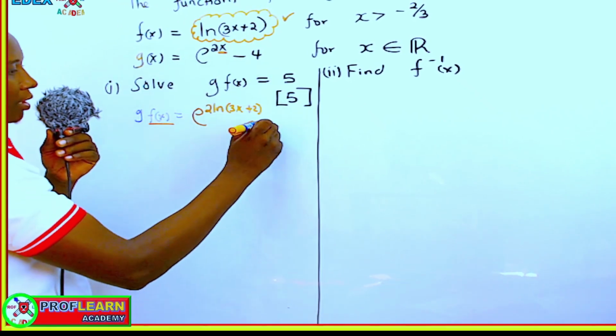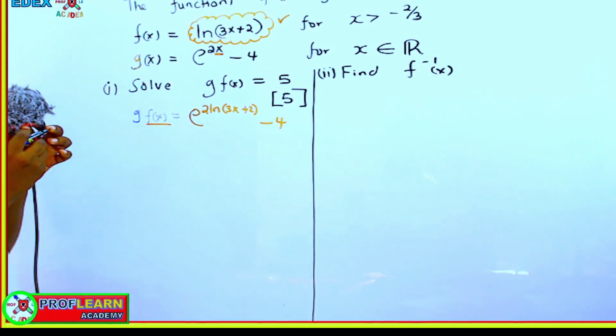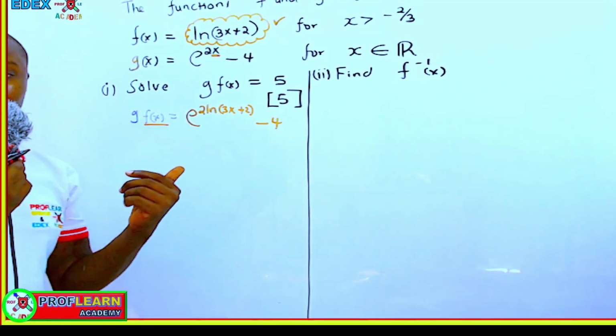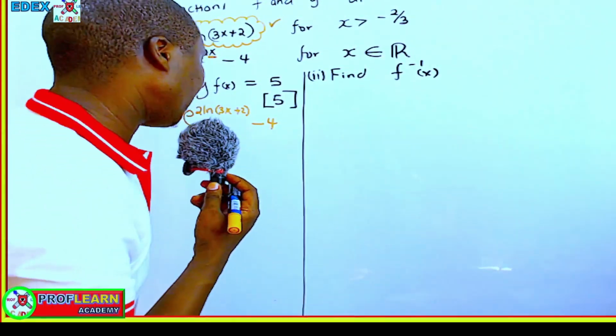Then we subtract the 4 that was there. So that is what gf of x represents.